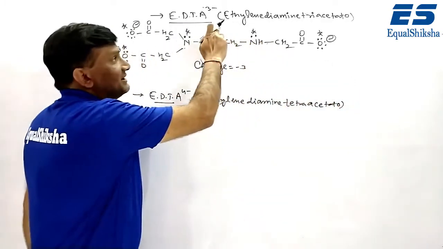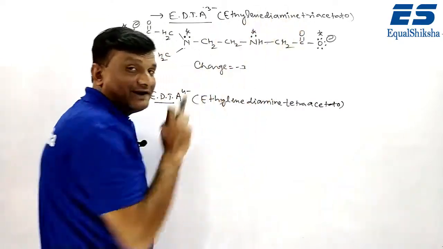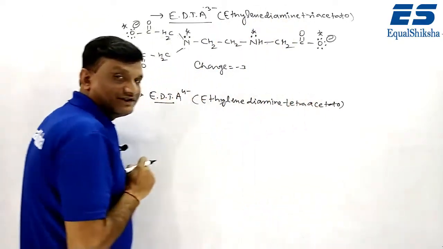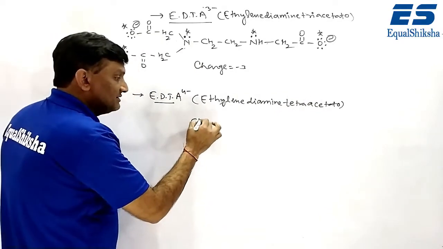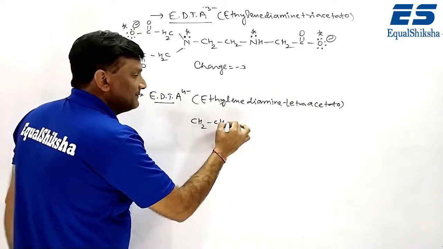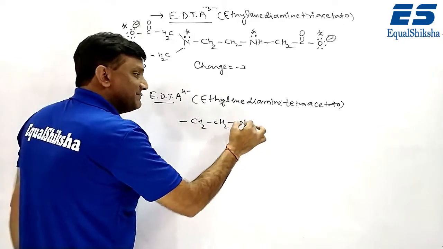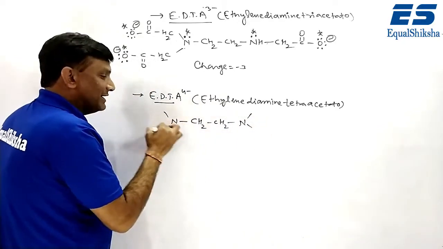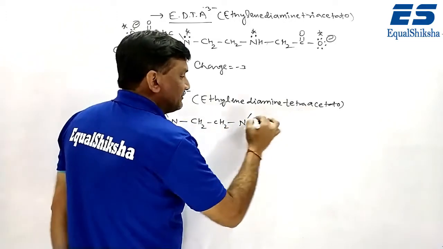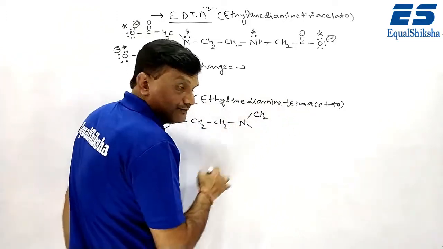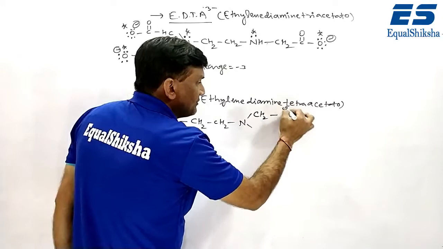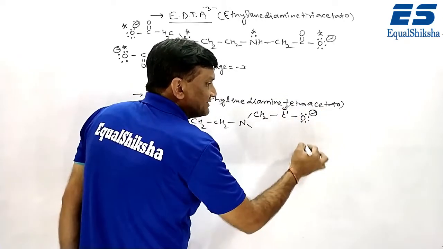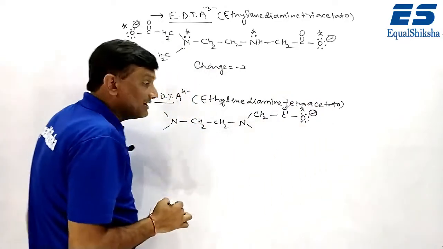This was ethylenediamine triacetato and this will be ethylenediamine tetraacetato. In the structure, the same ethylenediamine with NH2, but we substitute these 4 hydrogens with acetato. So CH2, COO carries a negative charge and will be a donor atom.